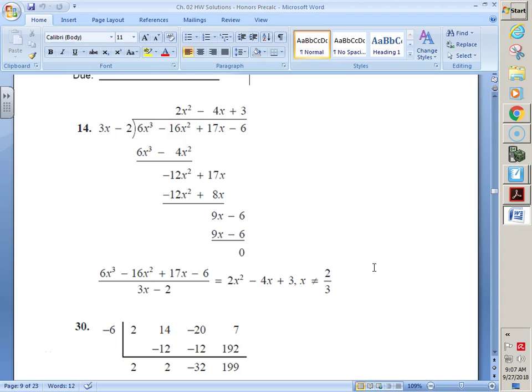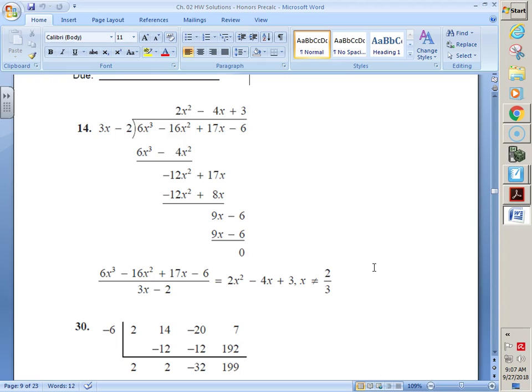Well, the denominator can't equal 0, so 3x minus 2 equals 0. If it can't equal 0, then what can x not equal? Add the 2, divide by the 3. They're telling me that when I divide away the denominator, technically x wasn't allowed to be a certain value because of the old denominator.